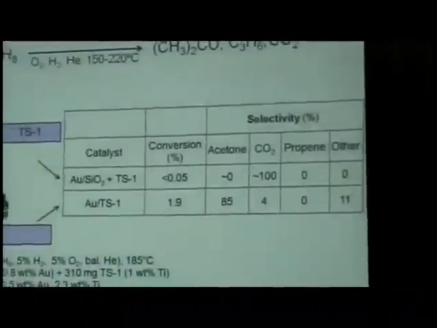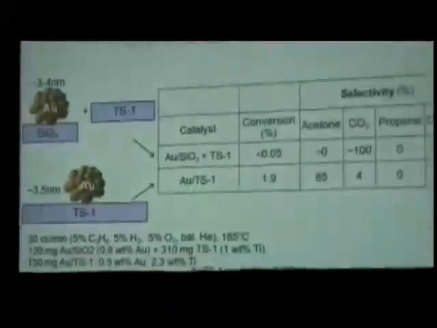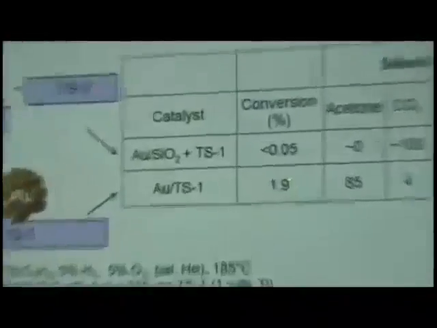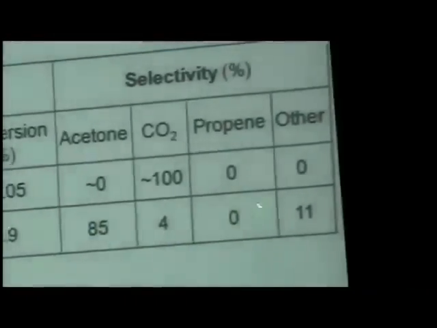This material is gold supported on TS1. For comparison, if you put gold on titanium dioxide, at about the same conversion of propane, you don't get acetone at all. You get mostly propene. The selective production of propene is what you get for gold supported on TiO2.